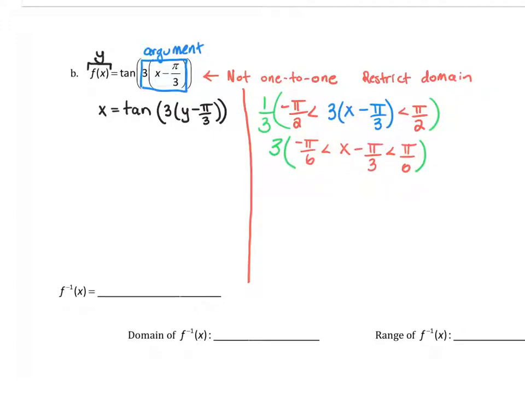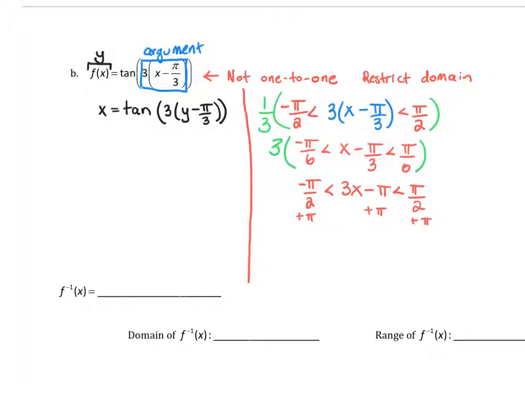When I do that, I get back to negative pi over 2 is less than 3x subtract pi is less than pi over 2. I'm trying to solve for x, so I will add pi to both sides. Now, however you solve this inequality, as long as you're using correct algebraic steps, for example, doing the same thing to all sides, then you're fine.